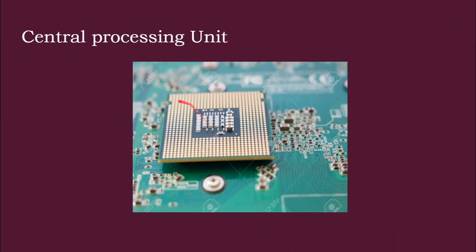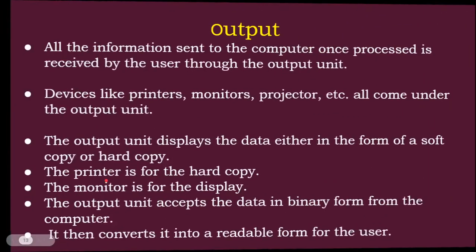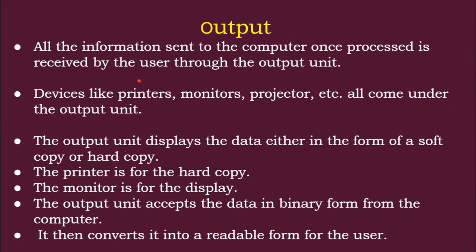So this is the picture of the CPU where we have the components. There are many components in a system where the CPU is focused. In the output device, all the information sent to the computer, once processed, is received by the user through the output unit. So this output unit conveys the message to the user. Devices like printers, monitors, and projectors are all examples of the output unit.